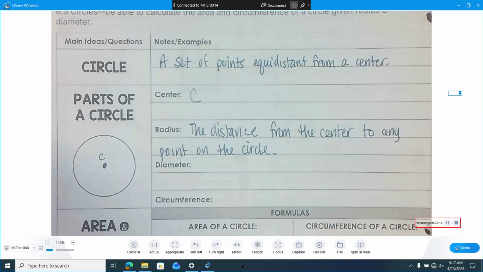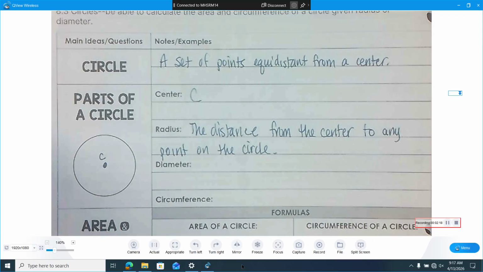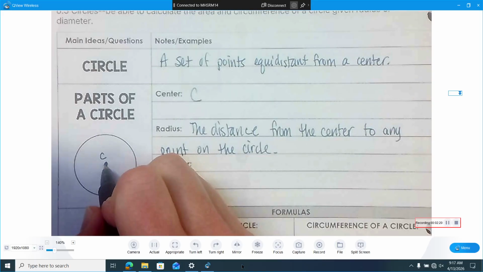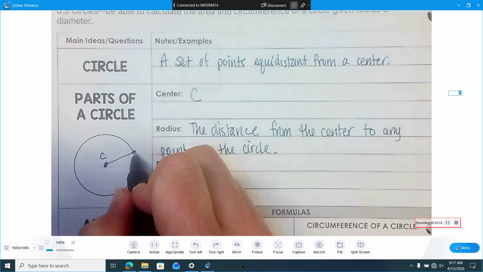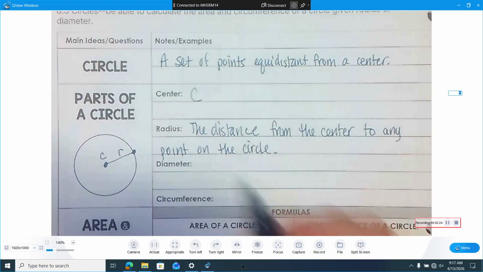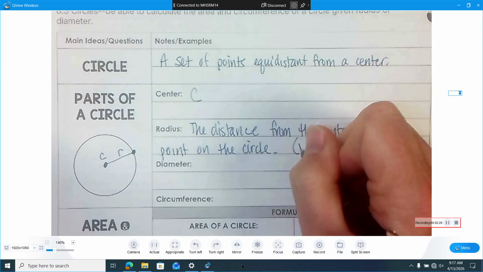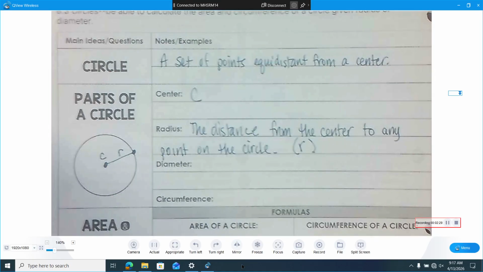So the radius is the distance from the center of the circle to any point. So to right here, that would be called the radius. I'm going to call that R for radius.